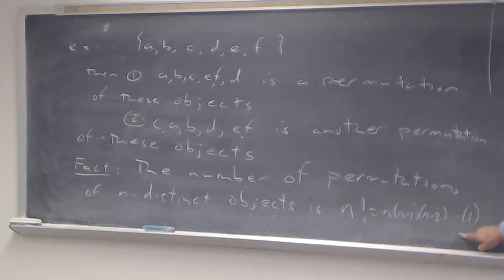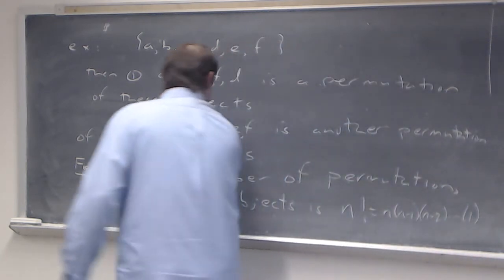Okay? Multiply until you get to 1. Okay, so that's n factorial. Let's look at an example.